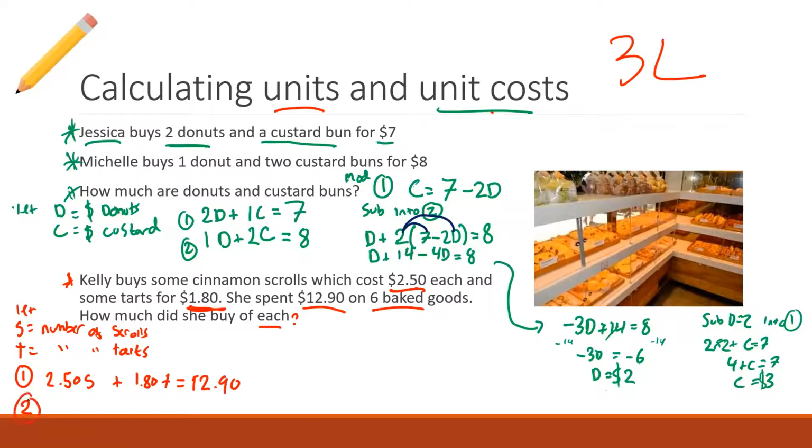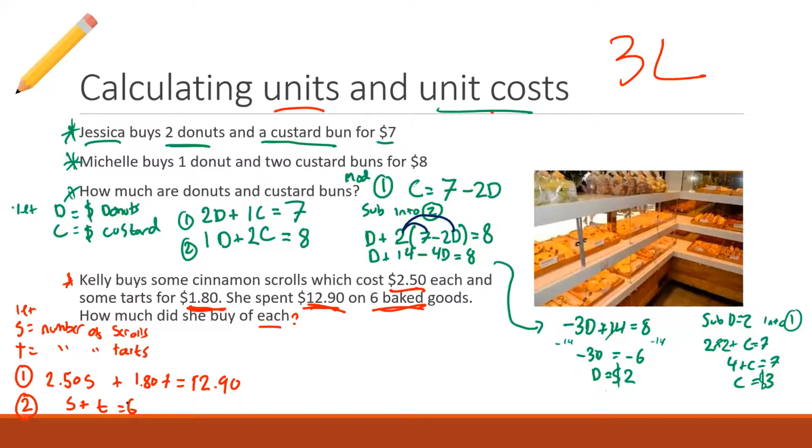Can anyone figure out what the second equation will be? It's a little bit more hidden. Is it S plus T equals 6? S plus T equals 6. That's exactly what it is. I have 6 baked goods, so I have to use this part of the information somehow, and that's usually what they'll do.